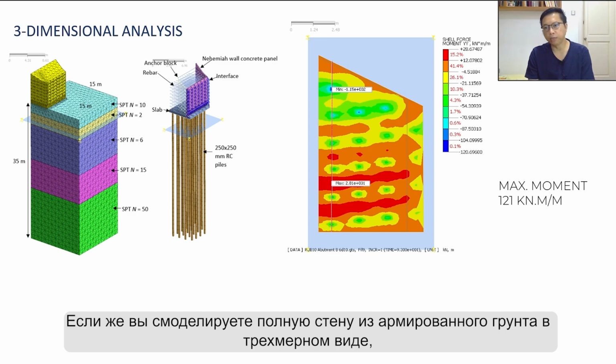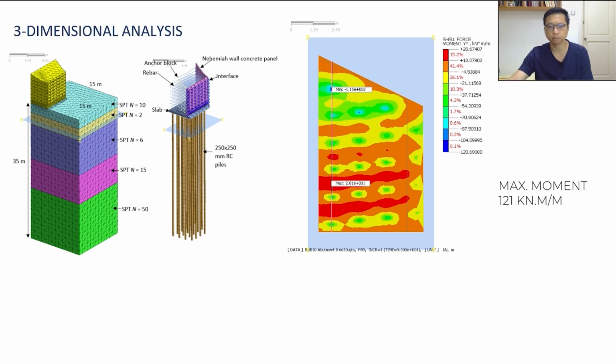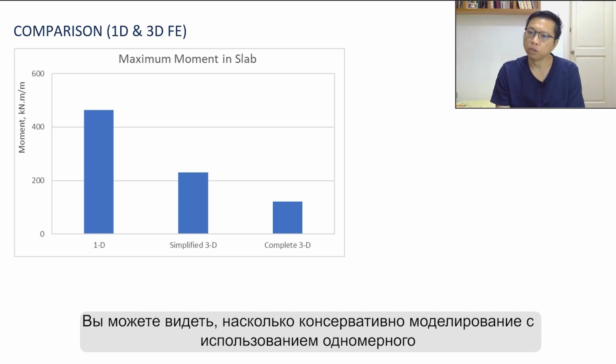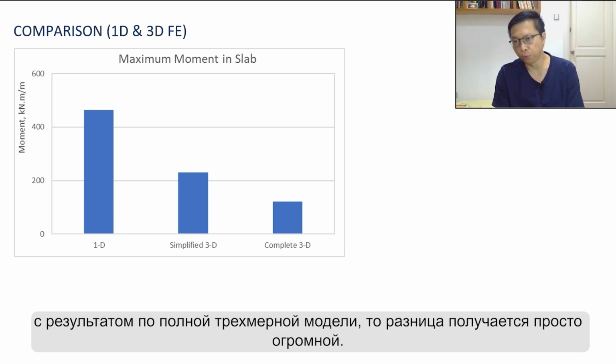Now, if you model the complete reinforced soil wall above the slab in a three-dimensional model, the maximum moment is only 121 kilonewton meter per meter. Now, you can see how conservative it is if you model the problem using one-dimensional elements. You model the reinforced soil wall as an equivalent pressure, and compared to a complete real three-dimensional model, the difference is just huge.